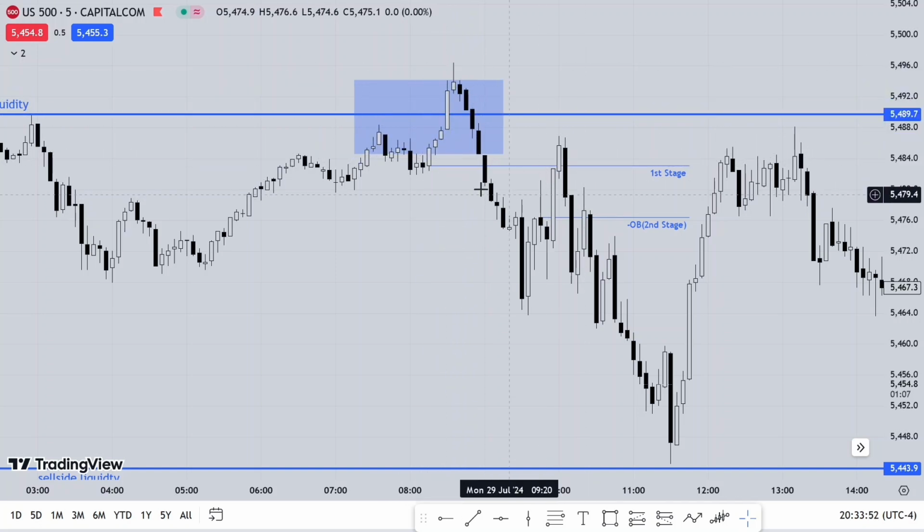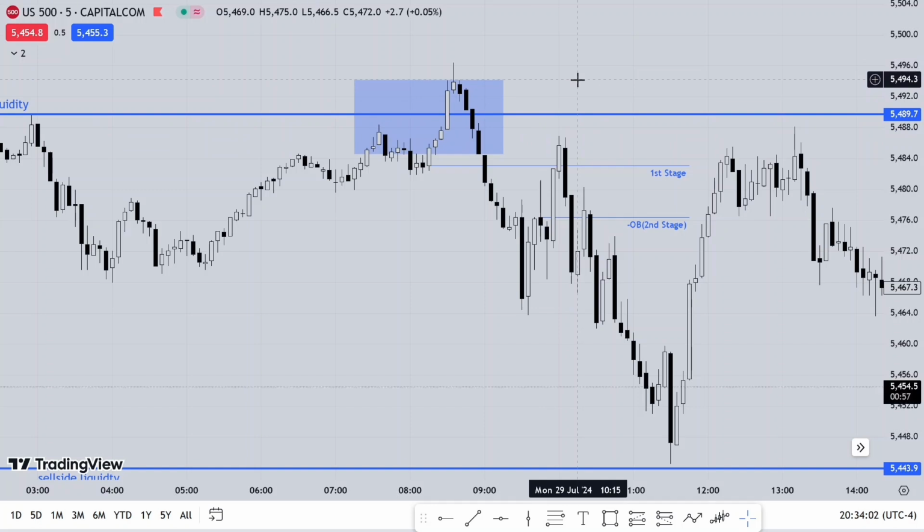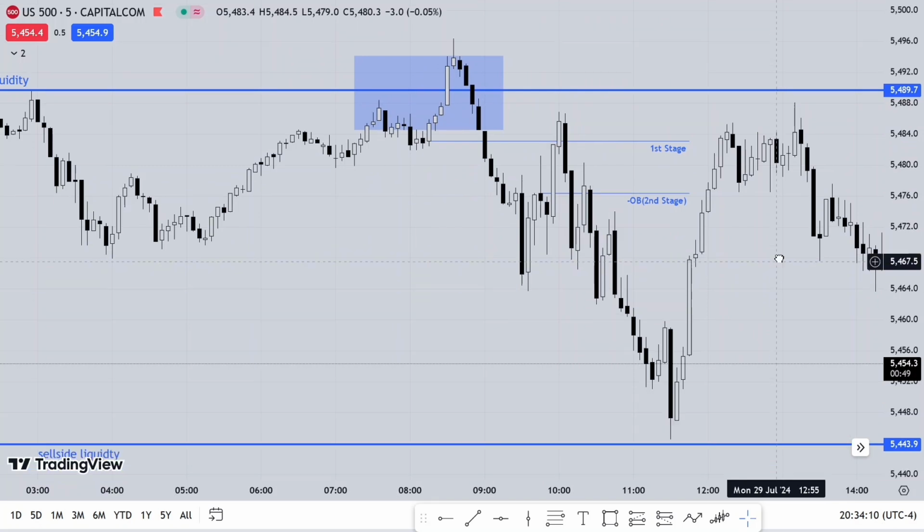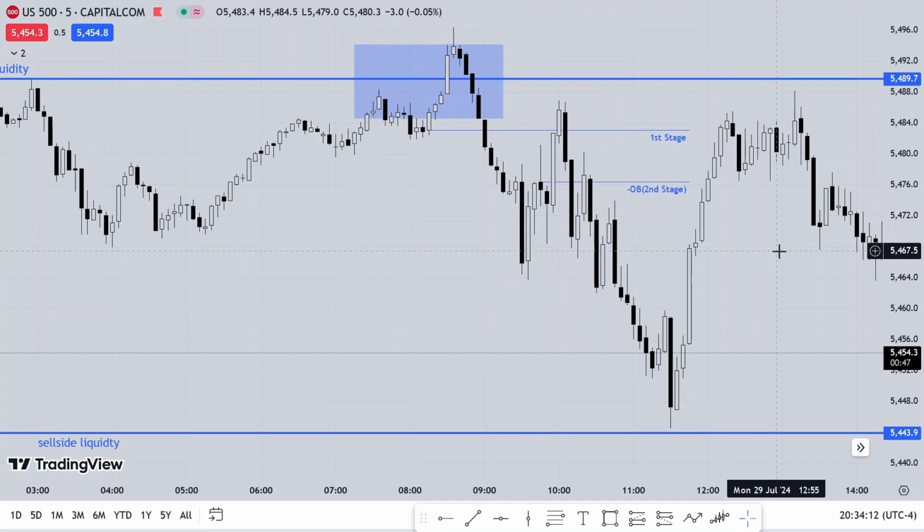When you drop lower to get a cleaner and more precise entry for stop placement and trade management, you look for that fractal which you're anticipating from the higher time frames. You look for that fractal also in the lower time frames, which is the second stage distribution.